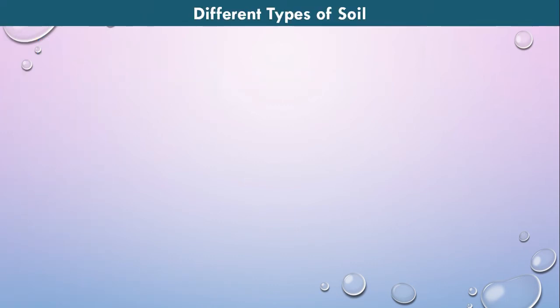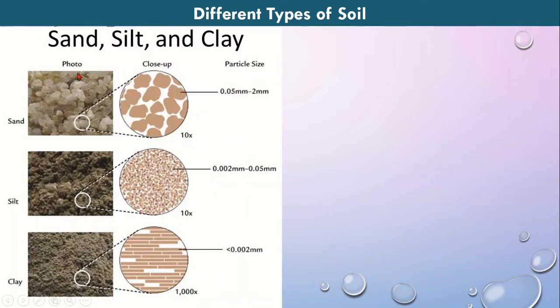First of all, I'll discuss different types of soil. If you have a look here, the main soils are sand, silt and clay. Make sure the color of sand is different in different places due to the presence of acid and alkaline.